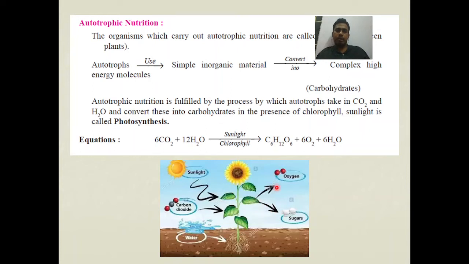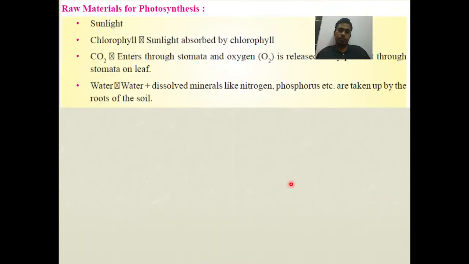Then another byproduct released by the plants, again through the stomata, is oxygen. We can make a note of the raw materials of photosynthesis. One is sunlight, then chlorophyll, which is used to absorb the light, and then carbon dioxide that enters through the stomata. Oxygen, once it is prepared, is released outside through the stomata present on the lower surface of the leaf, and some water and minerals are also absorbed by these plants.